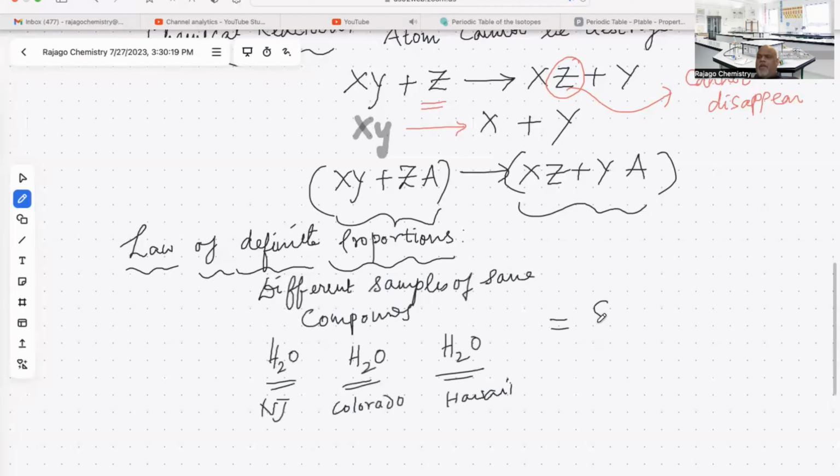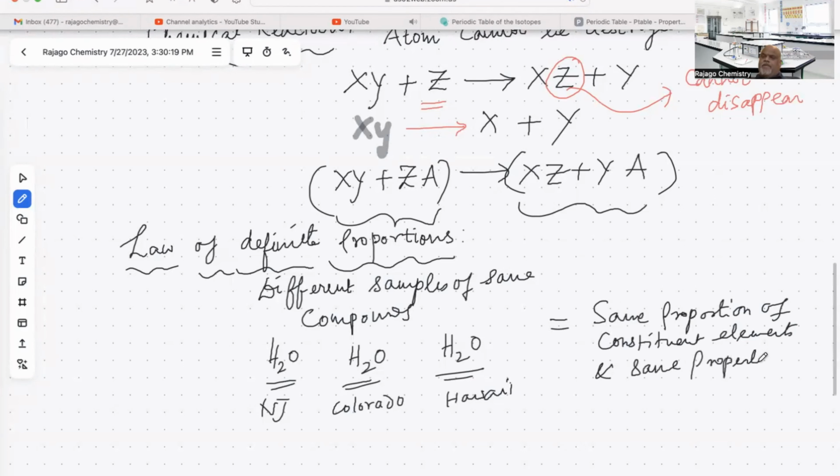They will have the same proportion, right? The same proportion of constituent elements, and the same proportion by mass.